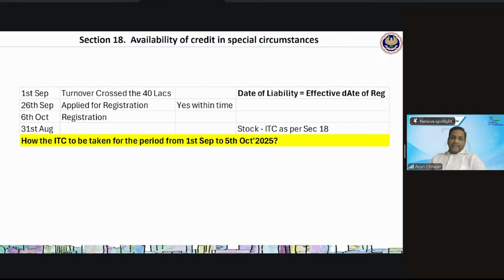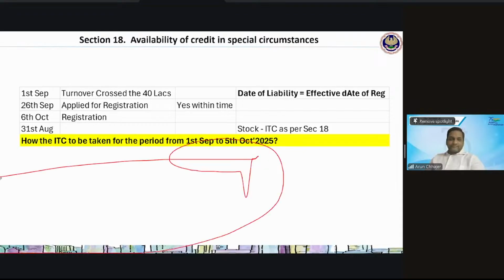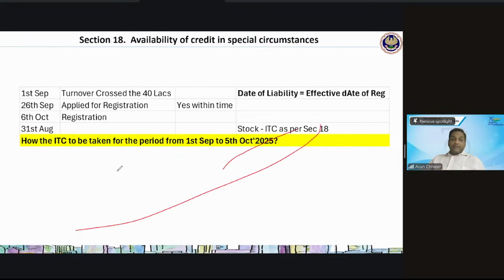If you read 18(1), what happened here? You will find the ITC would be available on the stock lying on the 31st August.